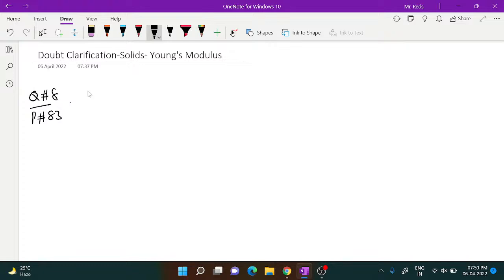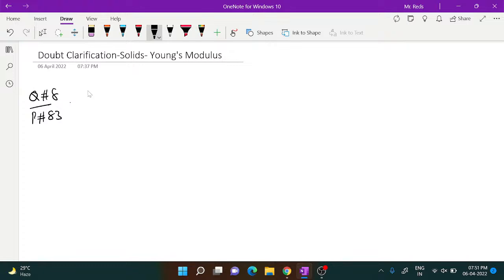The inner and outer radii of each column are 30 cm and 40 cm respectively. Assuming the load distribution to be uniform, calculate the compressional strain of each column. The Young's modulus of steel is 2 into 10 power 11 Pascal.